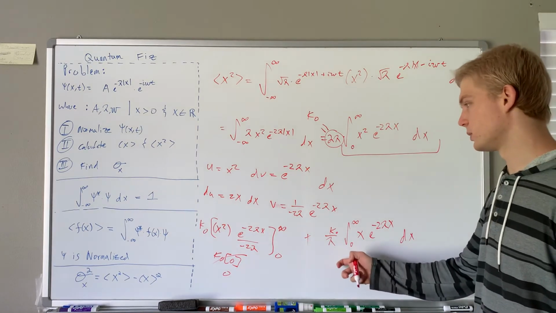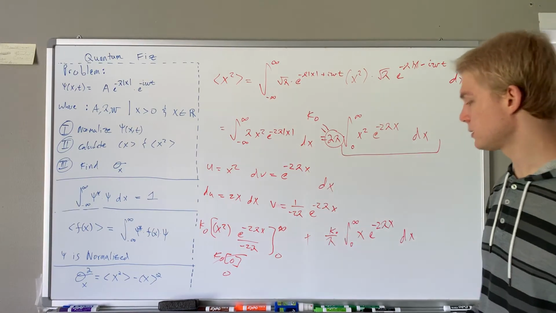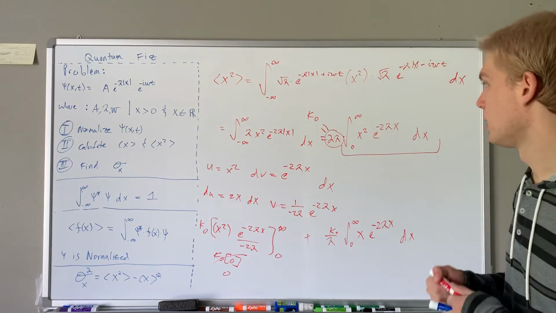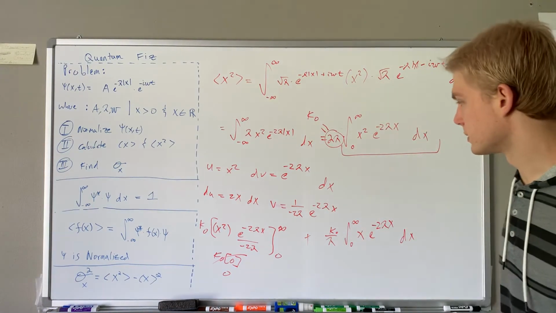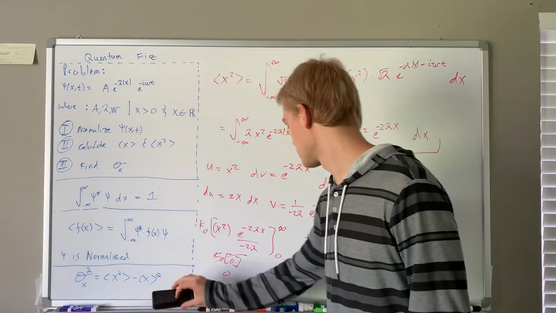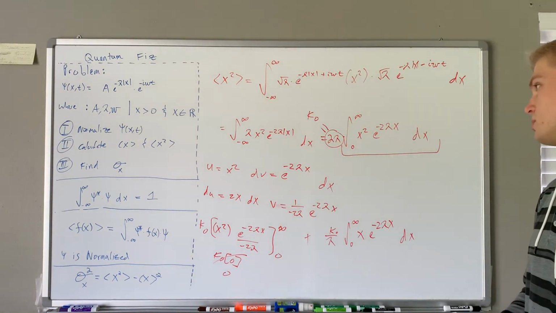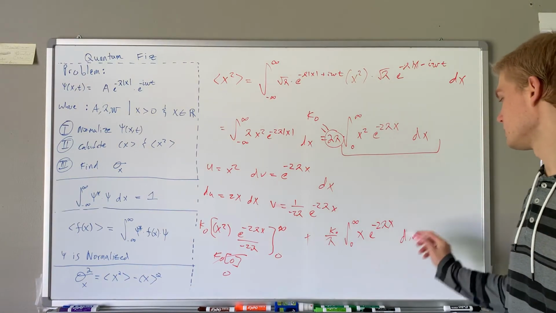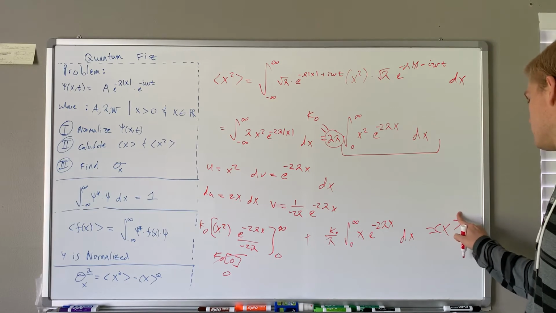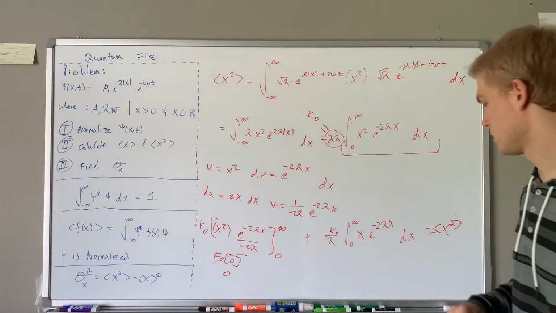So what you end up doing here is another one of these. Everything up to here is kind of pointless, so I'm going to clear up some room for the board real quick. And just remember, this whole guy is equal to this.